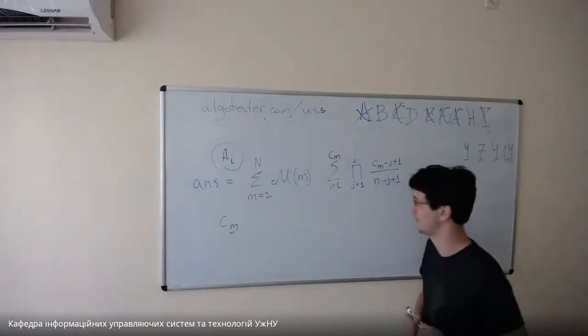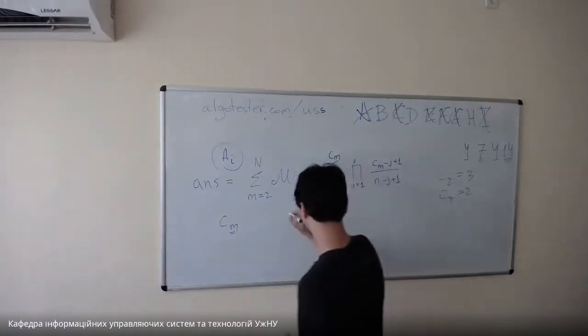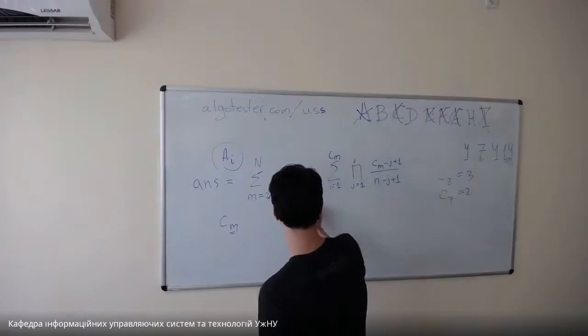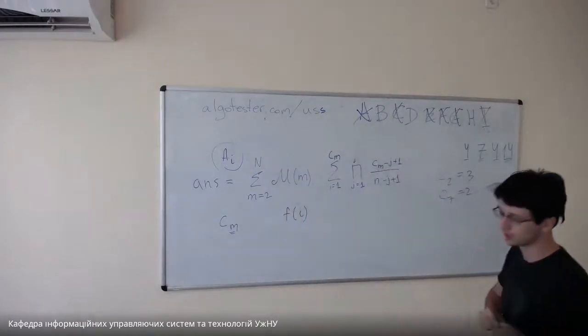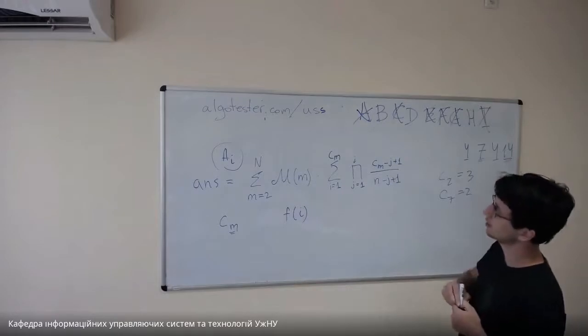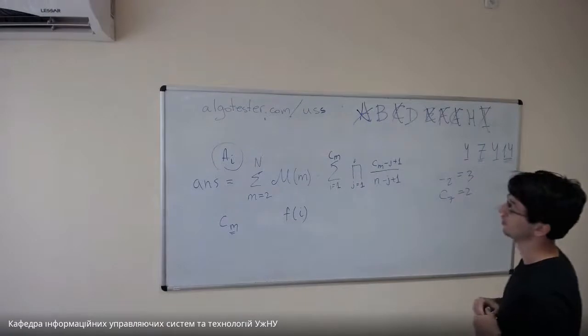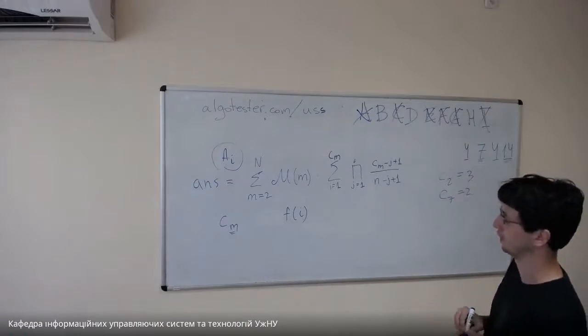Let's introduce more variables. First, let f of i be equal to the number of subsets of the initial array whose GCD is equal to 1.